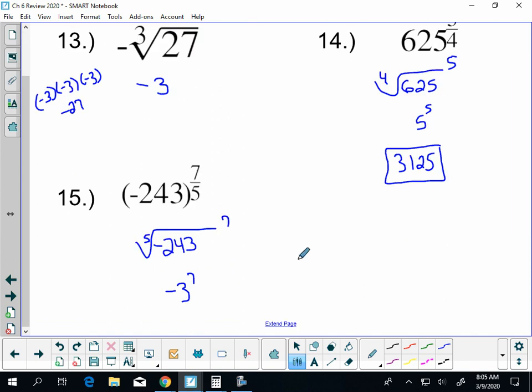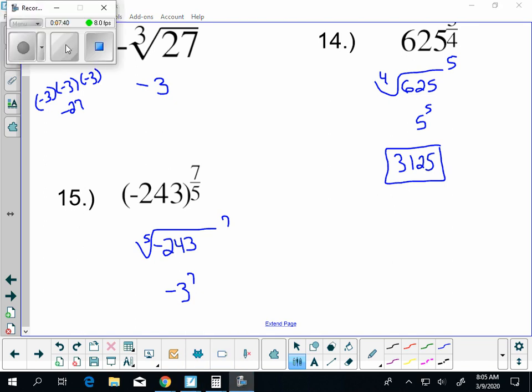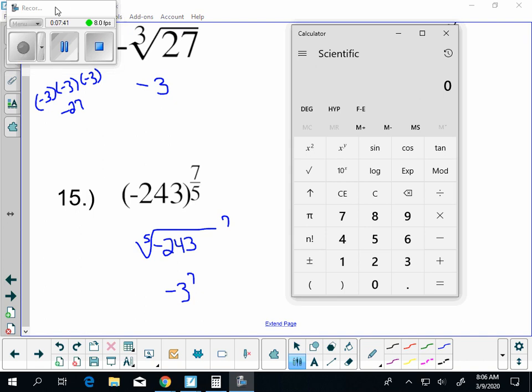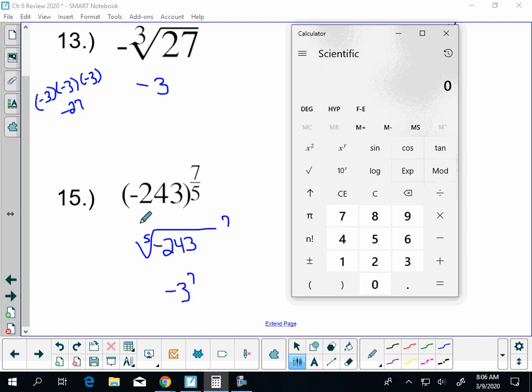And number 15, that's going to be the 5th root of negative 243 raised to the 7th. Negative 3 to the 7th, and you can go from there. All right, on number 15, we can set that up, but I also want to do that one on the calculator here.